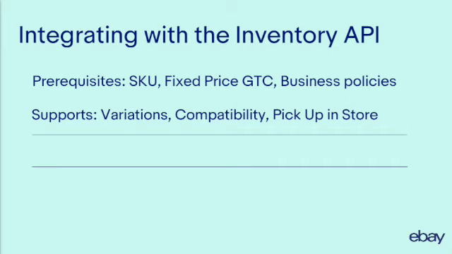Compatibility is a way of telling eBay that the product that you're selling fits different products on eBay. This is a very powerful way for buyers to find your parts and electronics. Usually, it's in those categories that it's used mostly. We also support pickup in store. The inventory API is available on all eBay sites. Anywhere you can create a listing, you can use the inventory API.